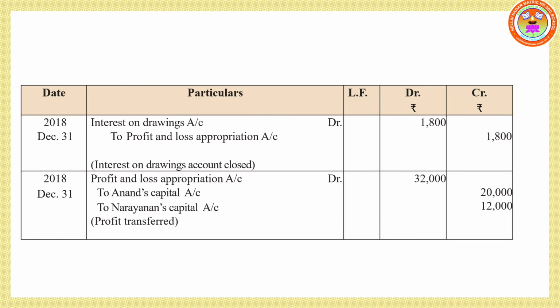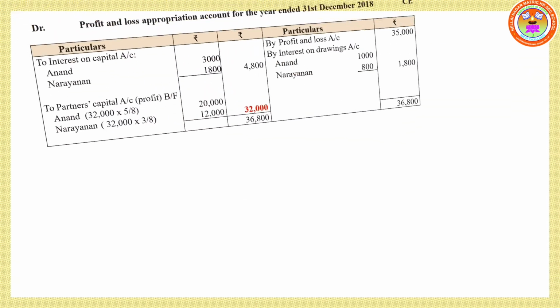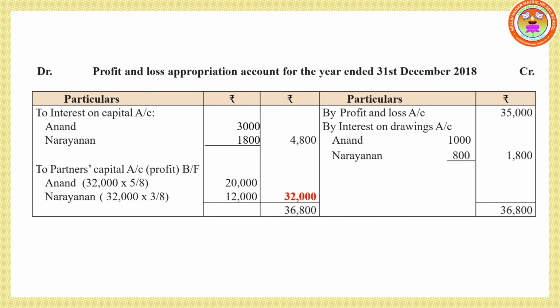Look at the next account, profit and loss appropriation account for the year ended 31st December 2018. Create the debit side, credit side, and particulars for both sides. Just go through the formula. Debit side, items: interest on capital, Anand 3,000, Narayanan 1,800.